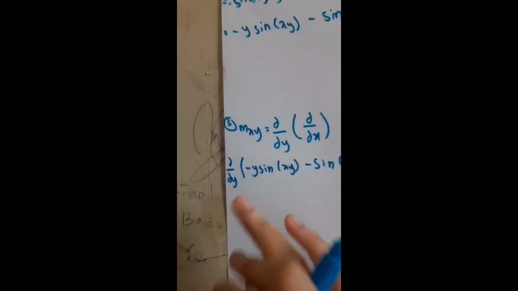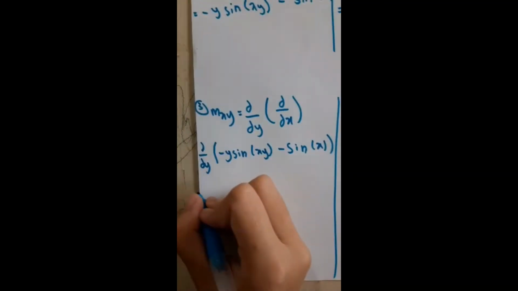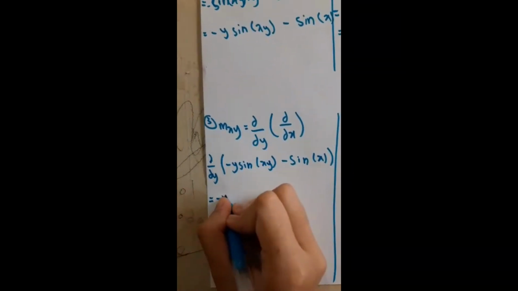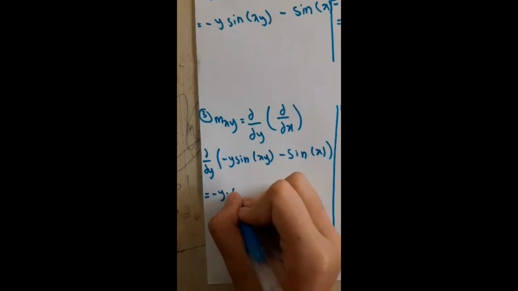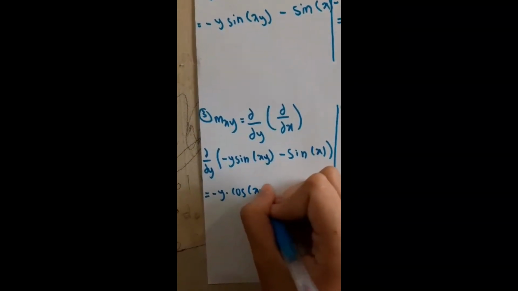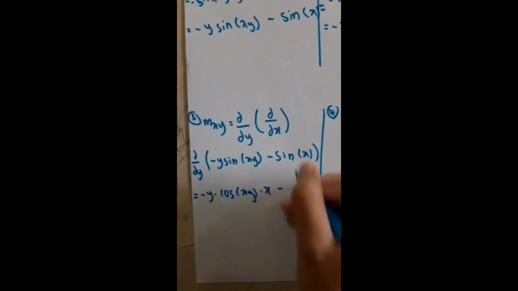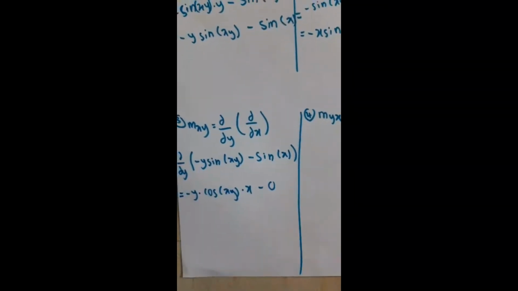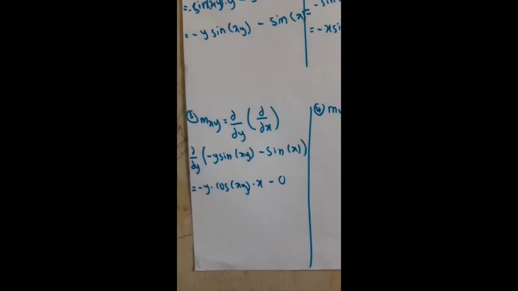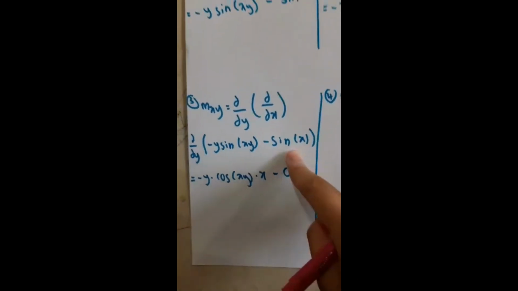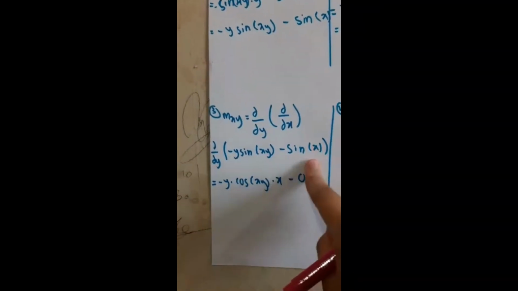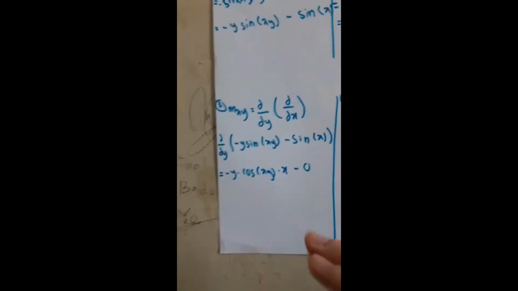We differentiate it here, so we get negative y cos xy times x, minus 0, because anything that doesn't have y attached to the function becomes 0. That is the concept for partial derivative.